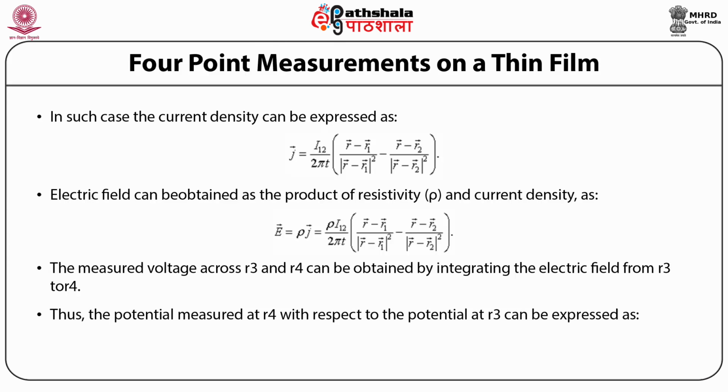Thus, the potential at R4 with respect to the potential at R3 can be expressed as V43 equals minus ρI divided by 2πt times the integral from R3 to R4 of [(R vector minus R1 vector) divided by |R vector minus R1 vector| squared minus (R vector minus R2 vector) divided by |R vector minus R2 vector| squared] dR vector.